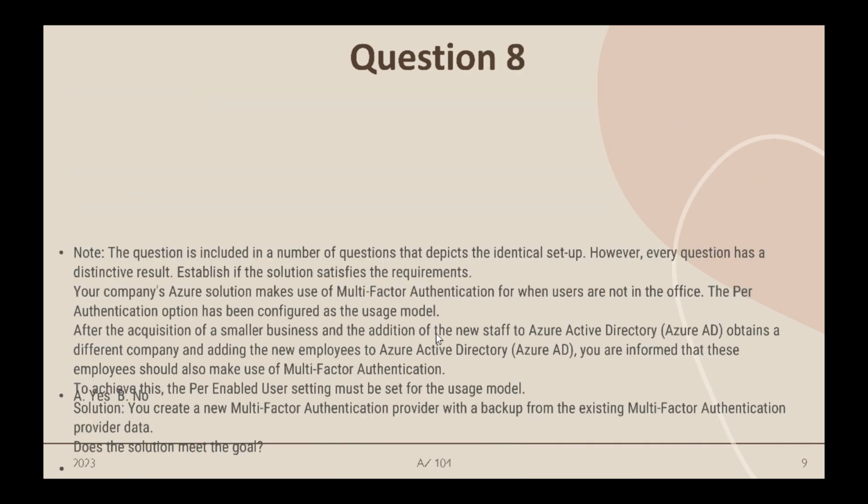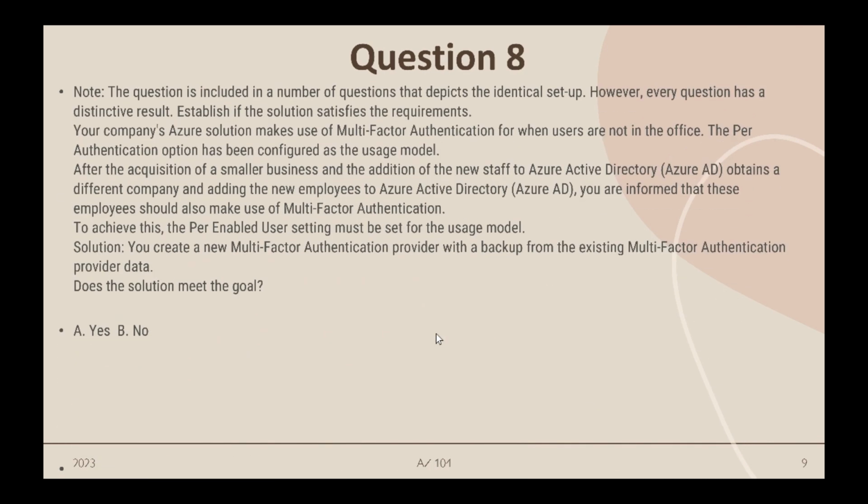Now, question number 8. So it is the same question, and the new solution they're providing is you create a new multi-factor authentication provider with a backup from the existing multi-factor authentication provider data. So does this meet the goal or the requirement?